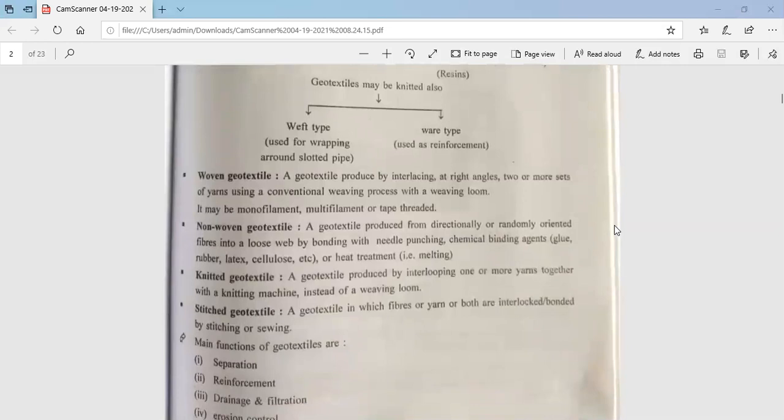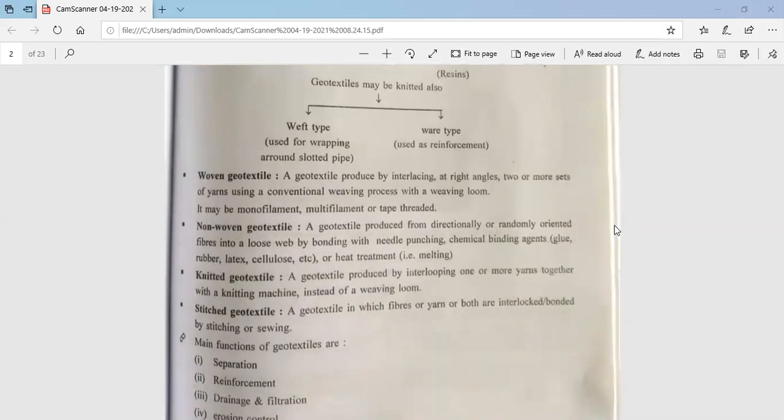So woven geotextile, this type of geotextile is produced by interlacing at right angles two or more sets of yarn using a conventional weaving process with a weaving loom. So it may be monofilament, multifilament, or tape threading.